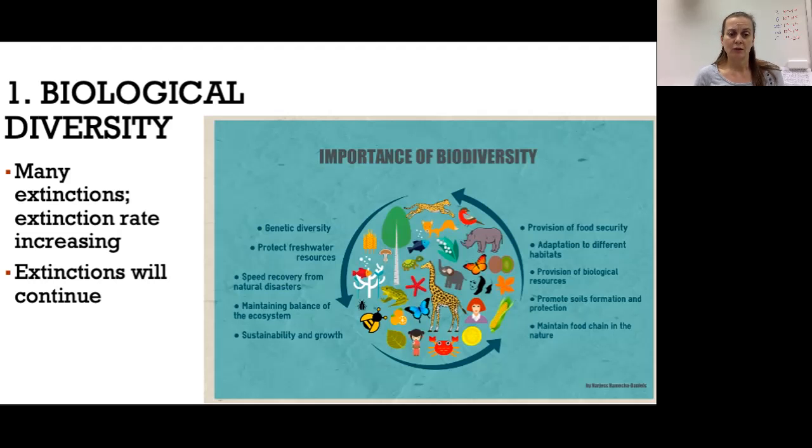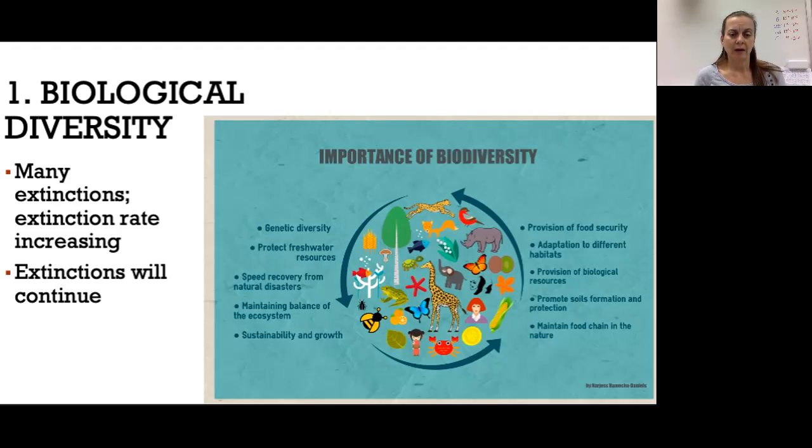P is population dynamics, which can be an overgrowth of a population or the dying out of a population. Pollution, usually specifically either air pollution or water pollution. Climate change, and overexploitation. So HIPCO: habitat destruction, invasive species, population dynamics, pollution, climate change, and overexploitation.